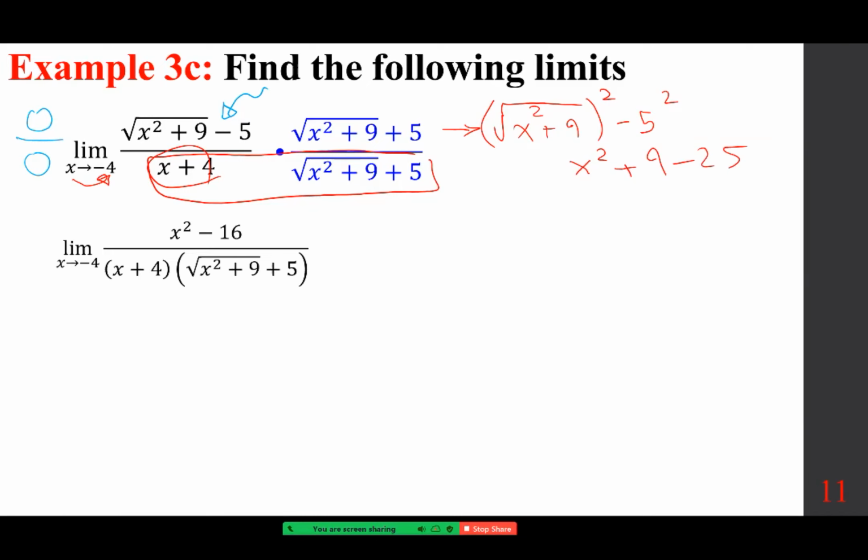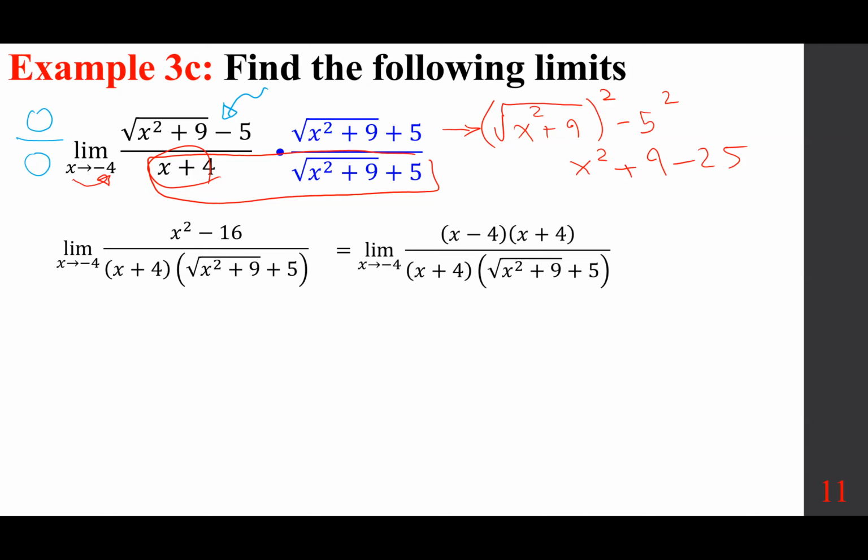Again, notice the denominator hasn't been touched. It's just a product of the two pieces. The numerator is x squared minus 16, and by now everybody knows it's a squared minus b squared format, so it's x minus 4, x plus 4, and we can drop the common factor of x plus 4.